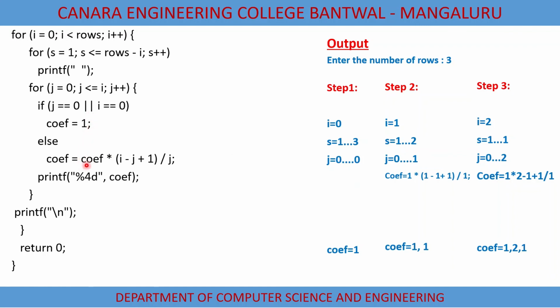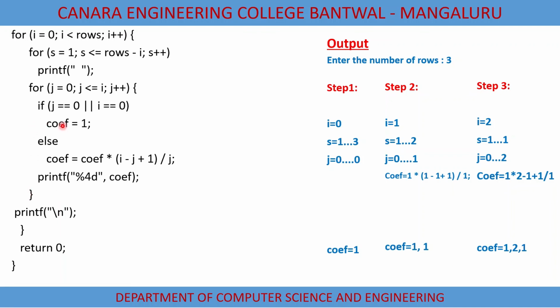It goes to the else part. As the previous coefficient value is 1, it performs 1 into 2 minus 1 plus 1 divided by 1. So the output we'll get is 2. So 2 is printed as the coefficient value. Okay. Again it goes up.